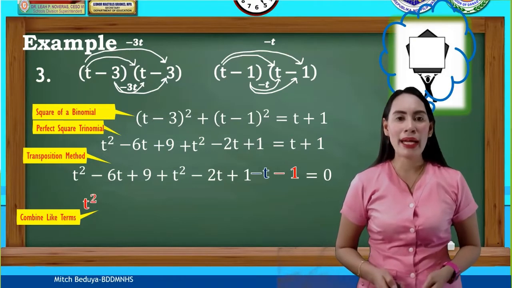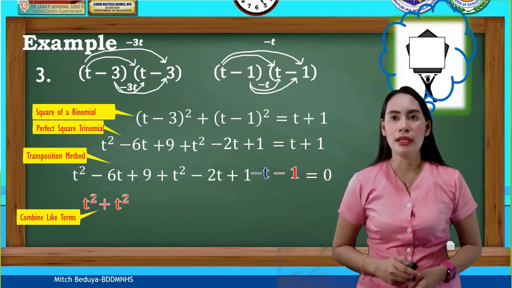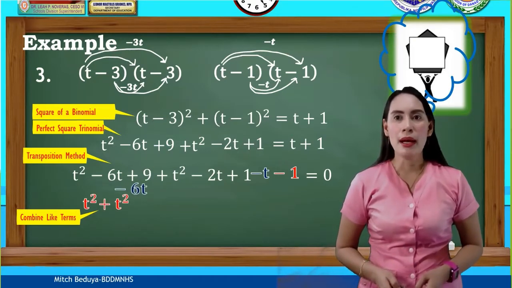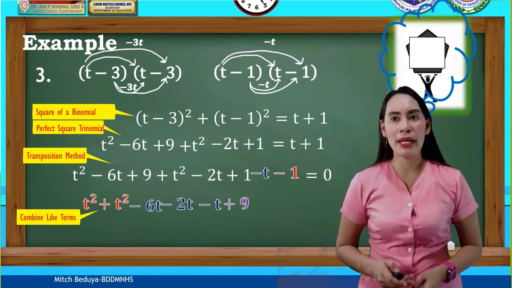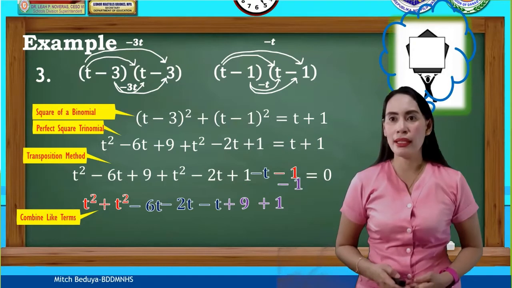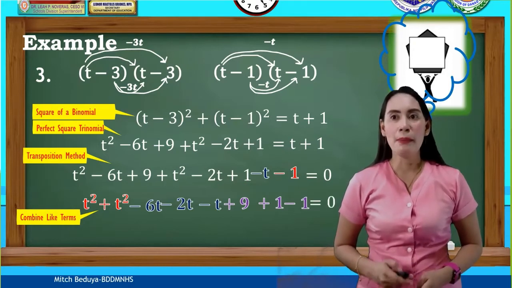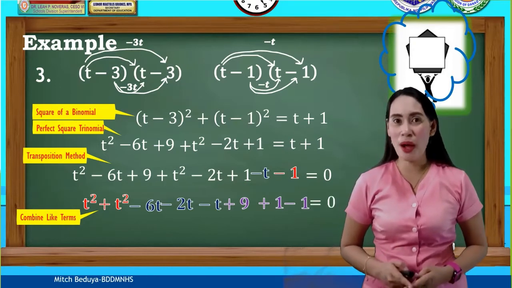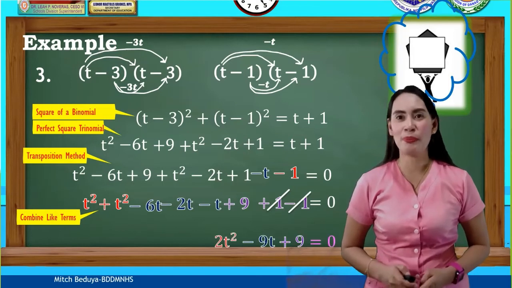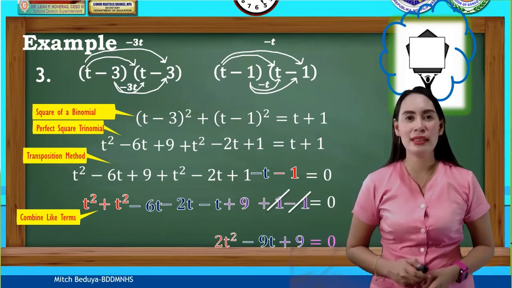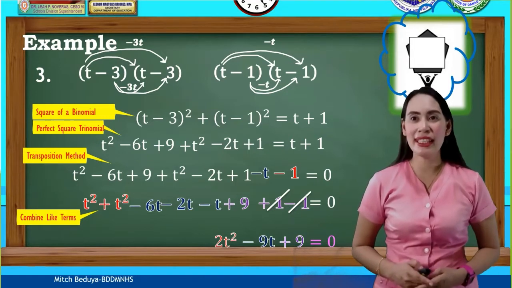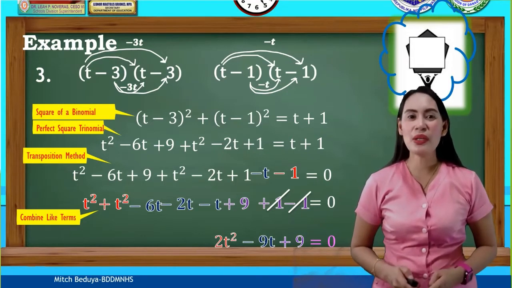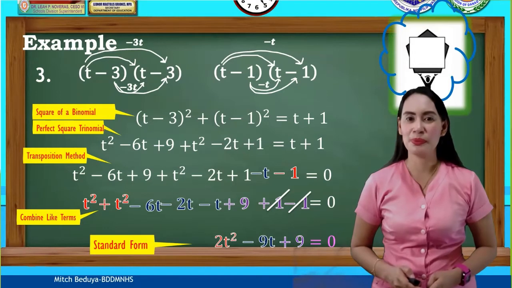Next, combine like terms. So, t squared plus t squared minus 6t minus 2t minus t plus 9 plus 1 minus 1 equals 0. This becomes 2t squared minus 9t plus 9 equals 0.